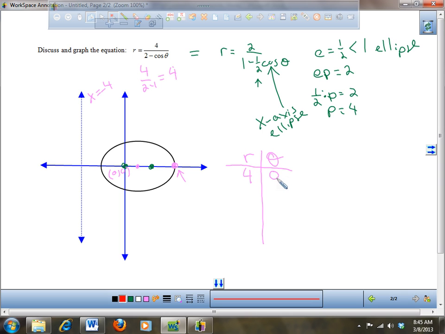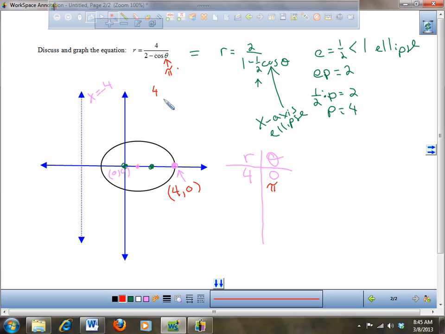We have r is 4, 0, so we plotted this point, and I'm going to write these points in rectangular form, 4, 0. Now I'm going to plot another point where I plug in theta equals pi. What's the cosine of pi? -1.